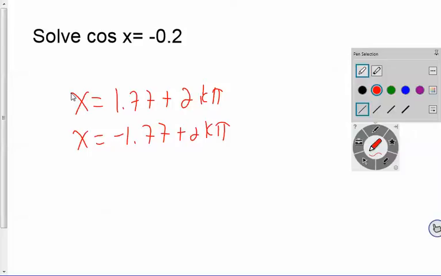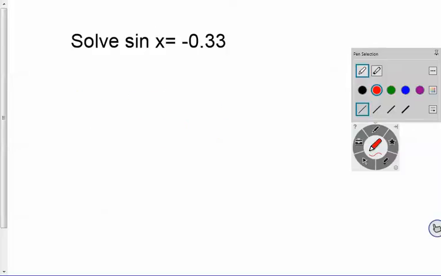Okay. This one, solve the sine of x equals negative 0.33. For this one, I'm still going to look at my window, from negative pi to pi. So I'm going to plug that into my calculator.